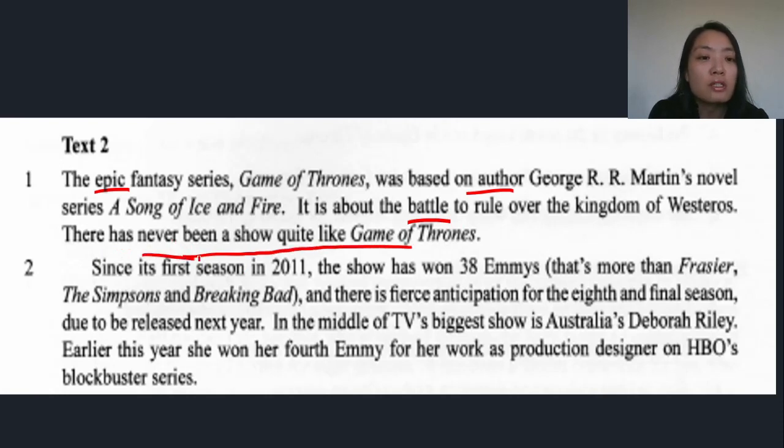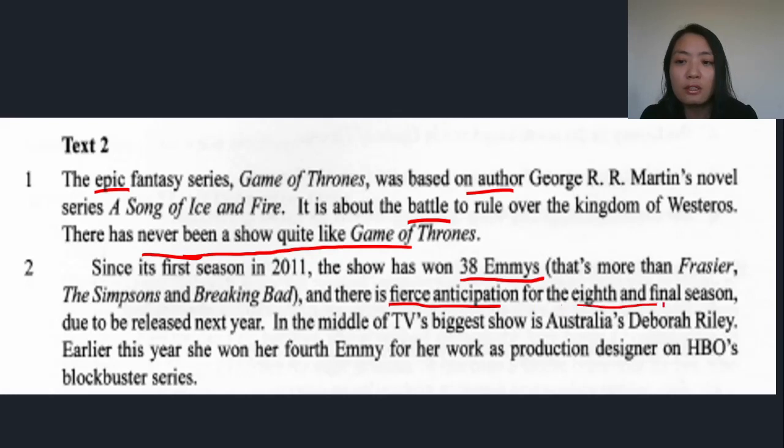Okay, so it says here, wow, the show must be quite fantastic lah. There's never been one like it. And since its first season in 2011, the show has won 38 Emmys. Okay, won a lot of awards. Okay, that's more than Frasier, The Simpsons, and Breaking Bad. And there is a fierce anticipation for the 8th and final season, already due to be released next year.